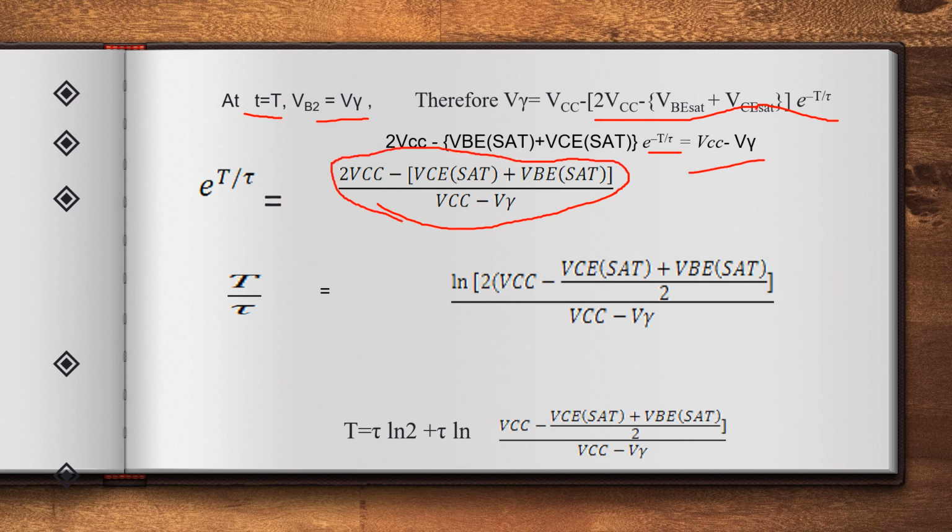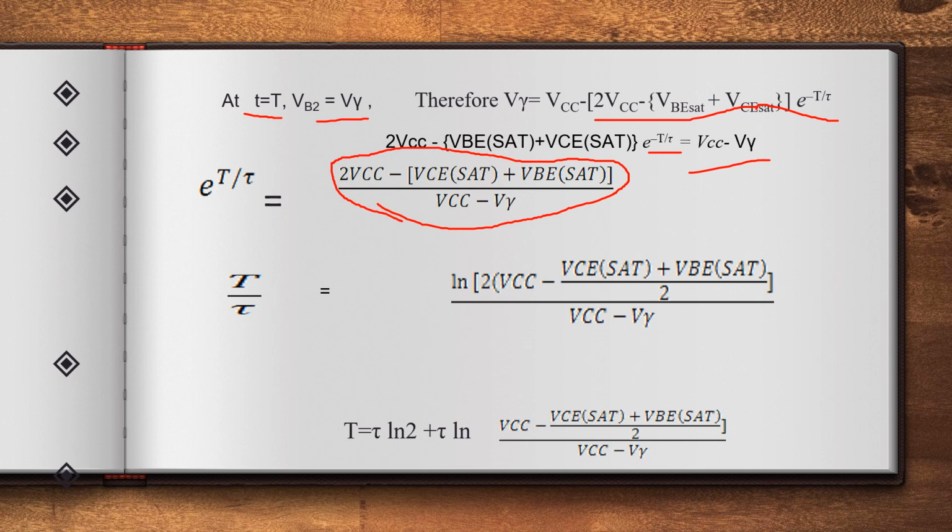Now take log on both sides. Capital T by tau equals log 2, again 2 taken as common, 2 into VCC minus VC sat plus VB sat by 2, by VCC minus V gamma.